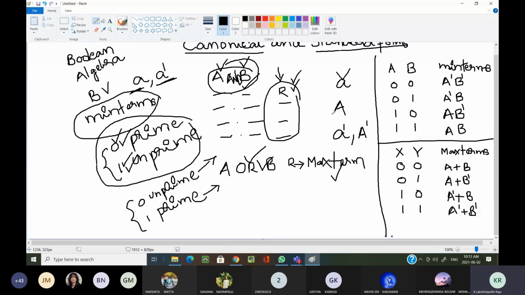Now, full stop. Now consider two binary variables A and B, combined with the AND operation.